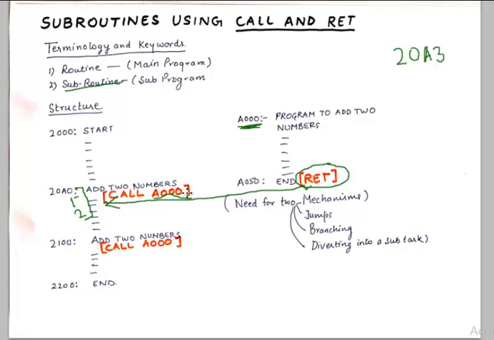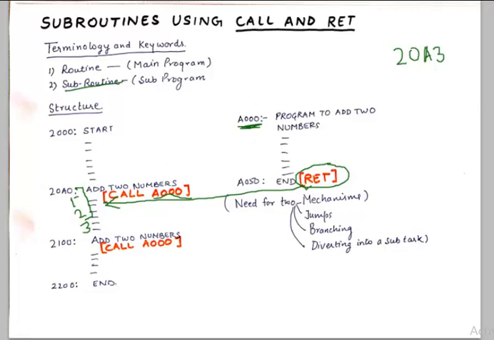So we do not want to come back to these locations. We wish to come back to the next location where we left off. This return instruction will take us back to 20A3 and call will take us to A000. So that's the essence of how call and return instructions will work in tandem.